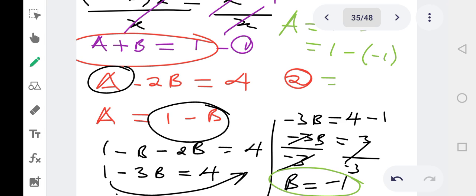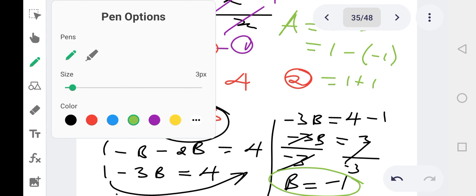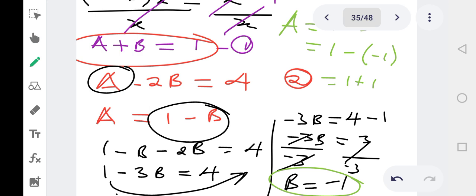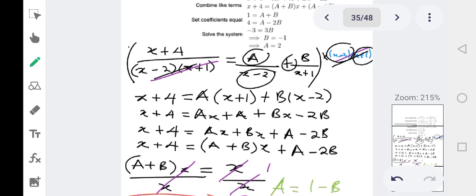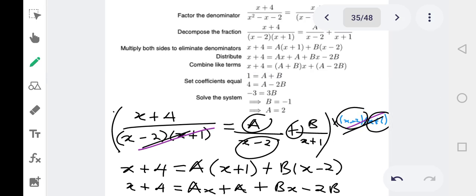So a is equal to 1 plus 1, because negative times negative is positive. 1 plus 1, which is giving us what? Giving us a 2. So actually a is equal to 2. That's the second answer. So when you look here, this is what they found as well. So b is negative 1 and a is equal to 2.